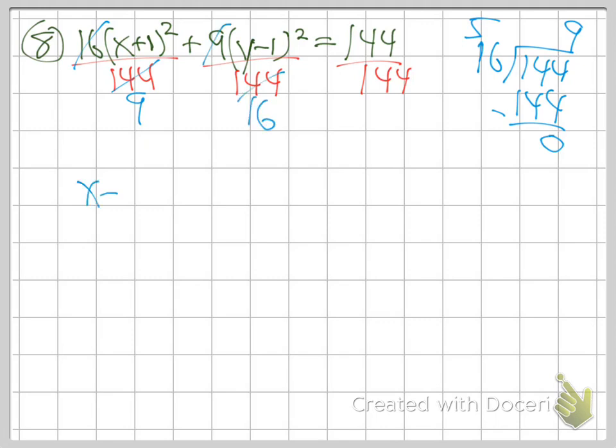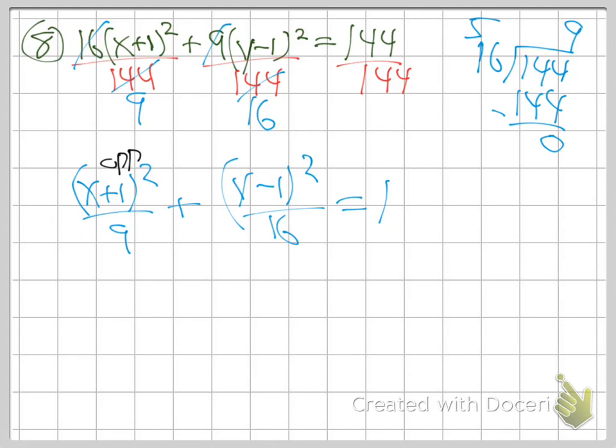So you get (x plus 1) squared over 9 plus (y minus 1) squared over 16 is 1. When we go to draw this, the center again is opposite, opposite. So the center would be back 1, up 1 right there.